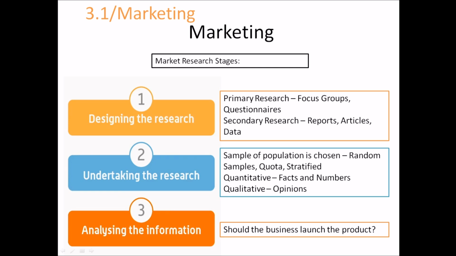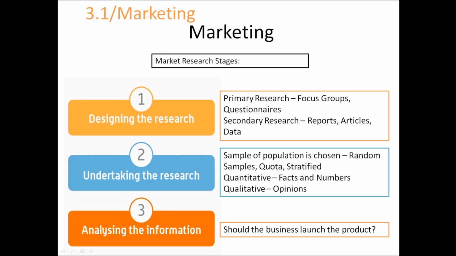Secondary research is using information that's already out there. The big disadvantage of secondary research is that other businesses have access to that information. Like that newspaper report you saw on the Daily Mail isn't exclusive to you. Anyone can see it, and that's the big problem with secondary research.